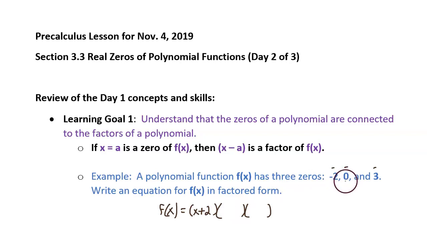If the number 0 is a 0, then x take away 0 is a factor. And if the number 3 is a 0, then x minus 3 is a factor. If we wanted to create standard form for f of x, we would use FOIL repeatedly until we got this as a list of terms.